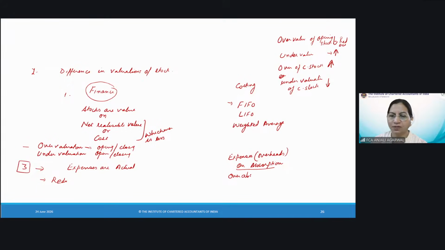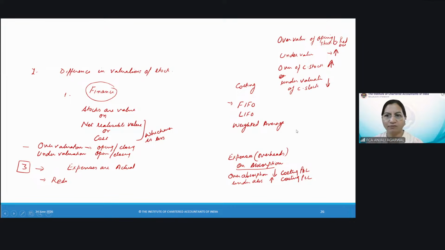So over absorption of overheads will reduce costing profits and under absorption will increase the costing profits. Right? So these are some of the reasons why there can be difference and what is the impact.